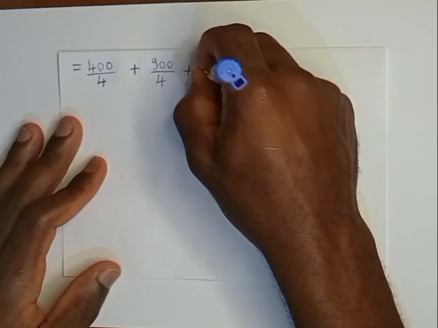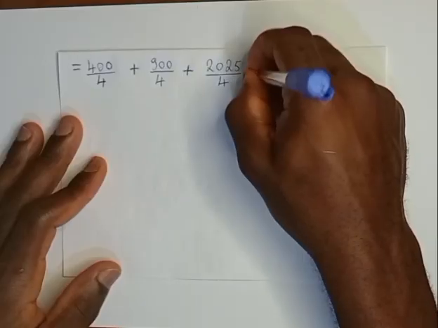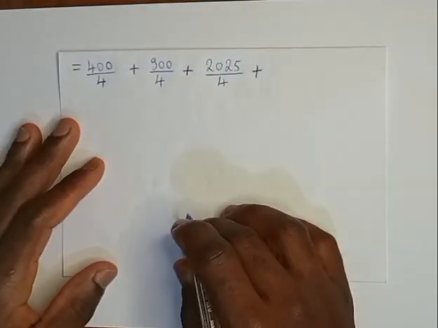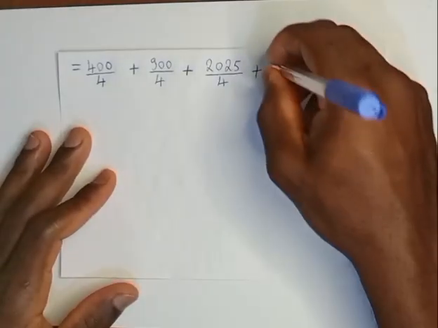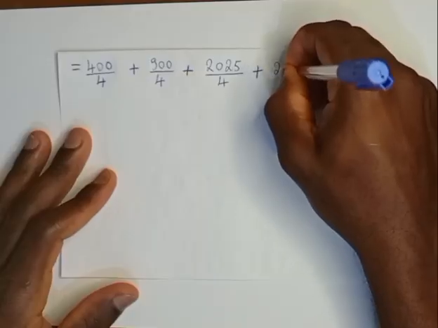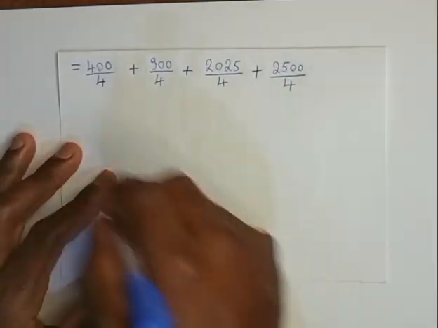We multiply by 1/4 gives us 2025 over 4, plus 50 squared gives us 2500. We multiply by 1/4 gives us 2500 over 4.